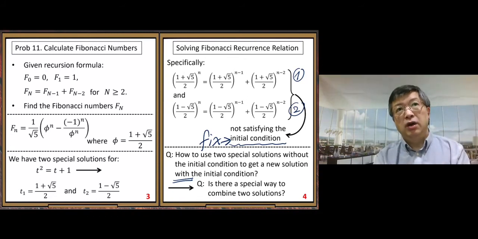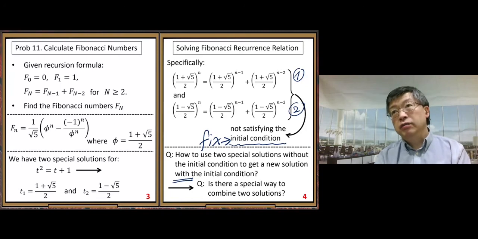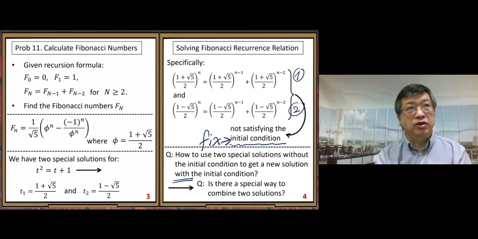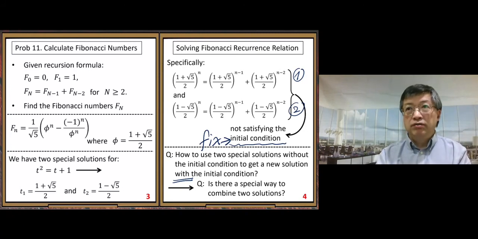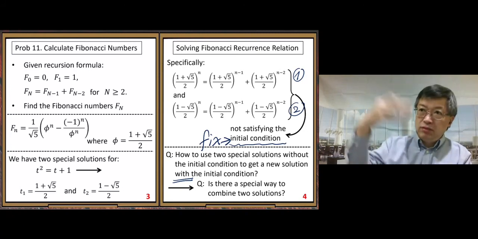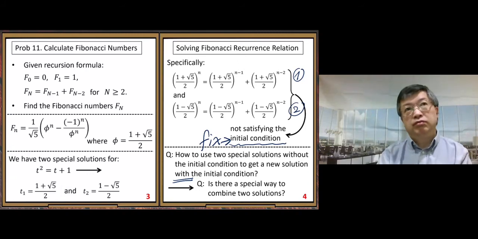So we do not want to create a new solution from scratch. We have done a lot of work finding two special solutions, and we don't want to throw them away to generate a new one from scratch. That's not good.